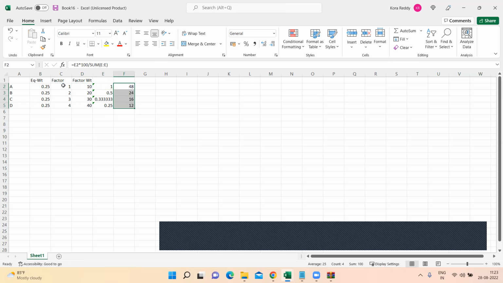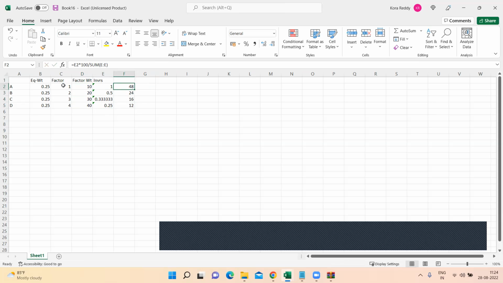So in this case, stock A gets 48% versus stock B, which is 12%. If you have gone by factor weight, this would have got 40%, and this is 10%. So you reverse it. So that's inverse factor.